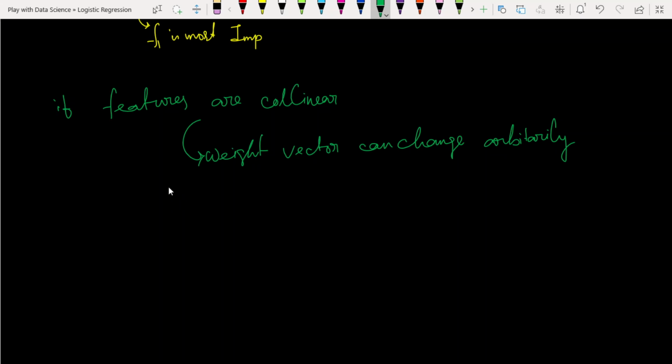In this case, the absolute value of wj cannot be used as feature importance.